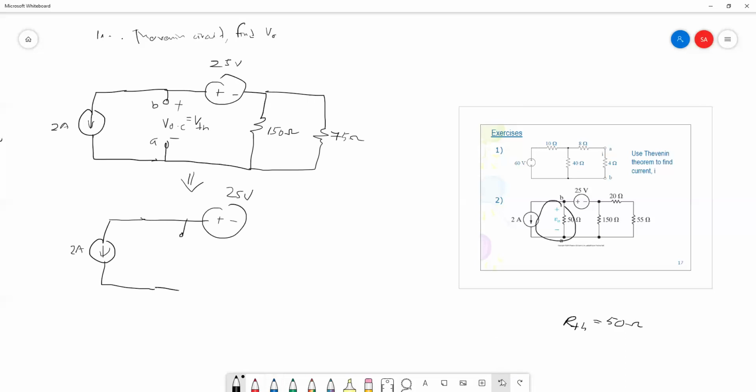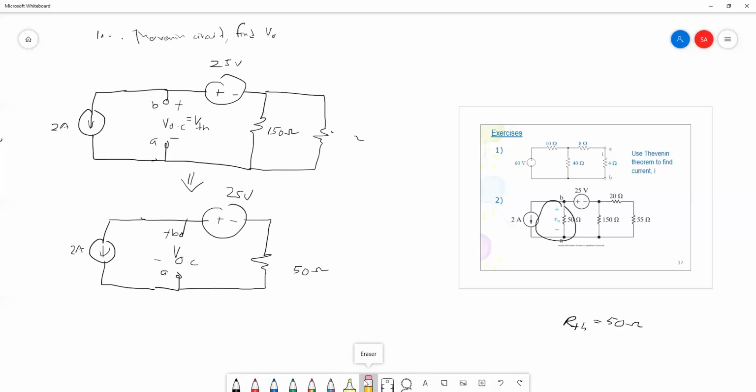This is your terminal BA, which is positive, negative VOC. And this you can simplify: 150 parallel with 75, you should get equal to 50 ohm. So this is 50 ohm.